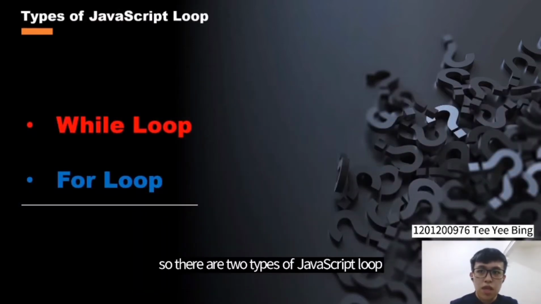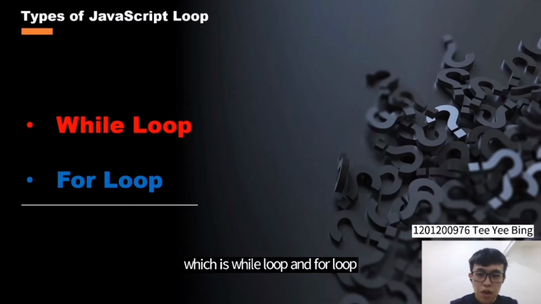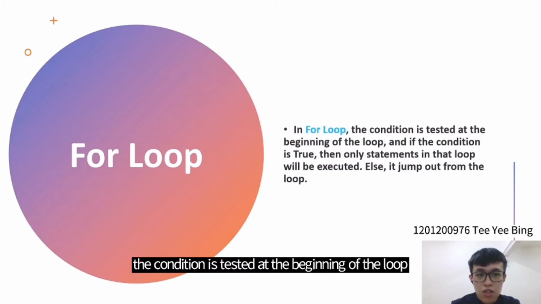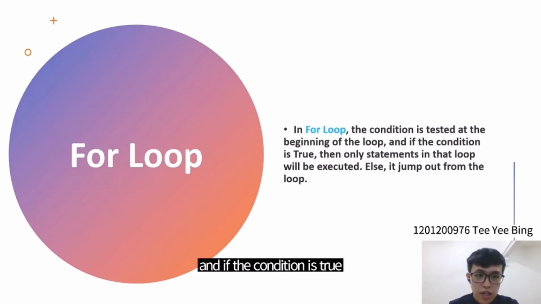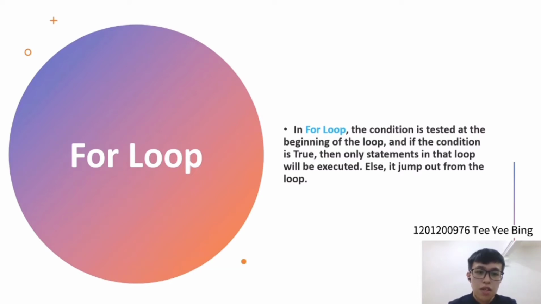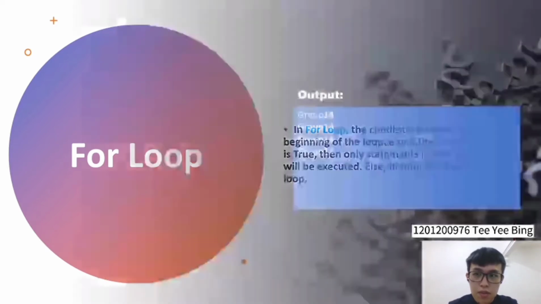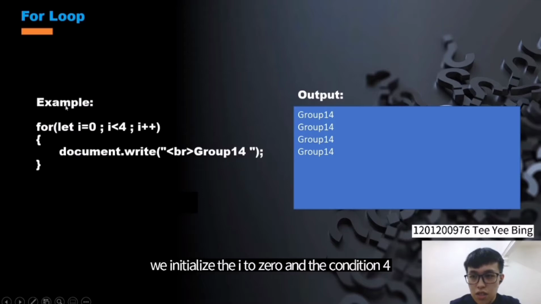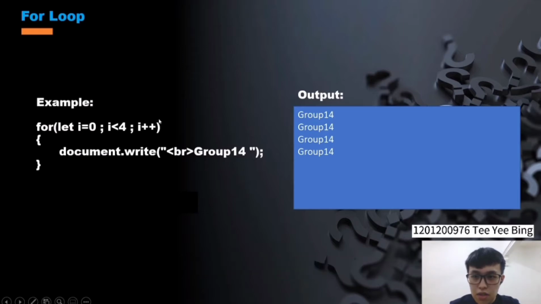So there are 2 types of JavaScript loop, which are the for loop and the while loop. In a for loop, the condition is tested at the beginning of the loop, and if the condition is true, then the statement inside the loop will be executed, else it will jump out of the loop. For example here, we initialize i to 0 and the condition is i less than 4, and this is the update counter for the initialization.